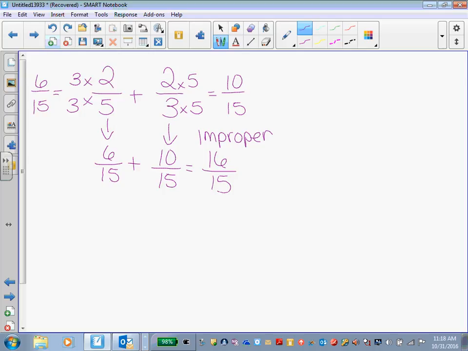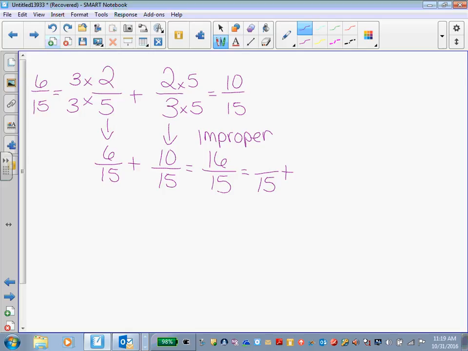I want you to think back to lesson 2, where you had a sum and you had to come up with two fractions or a whole number and a fraction that equaled that sum. Alright, let me rephrase. What is a whole number fraction with a denominator of 15?